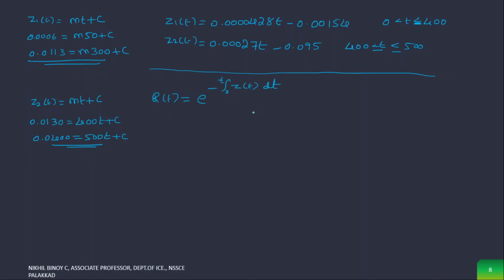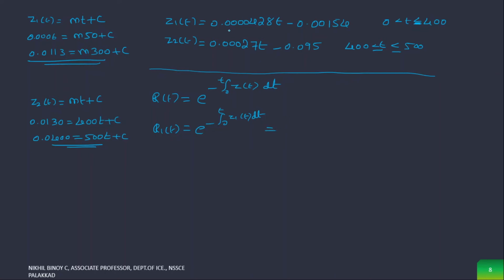Here we have two reliabilities. If t is between 0 and 400, we can write R1 of t as e raised to minus integral 0 to t of Z1 of t dt.